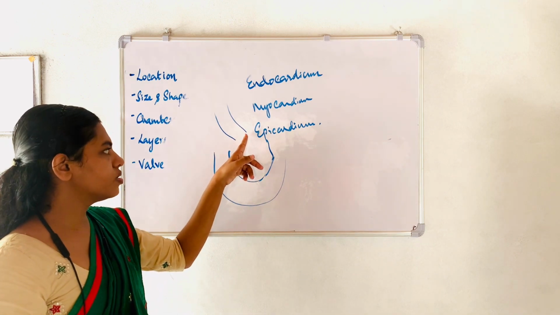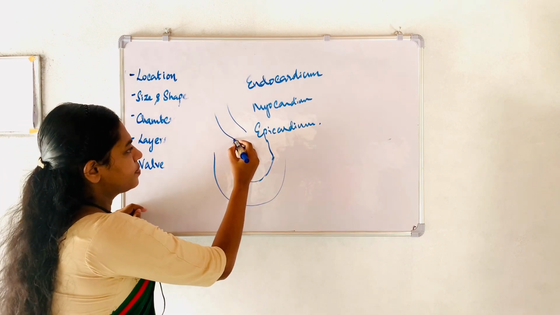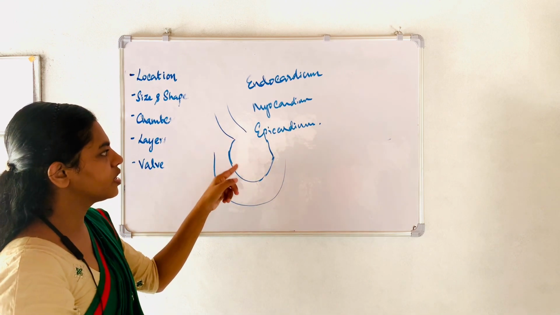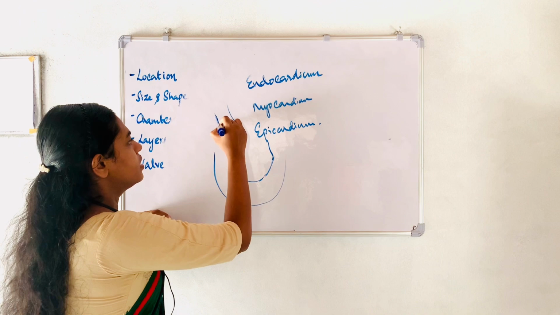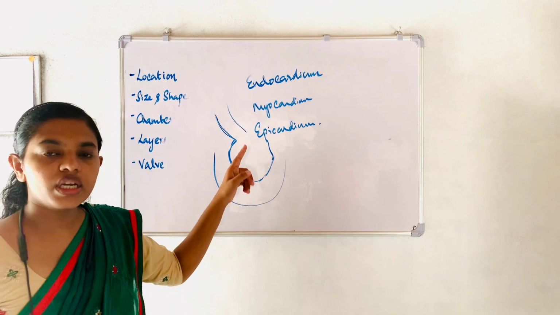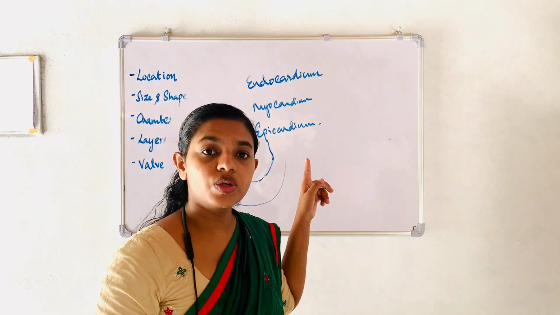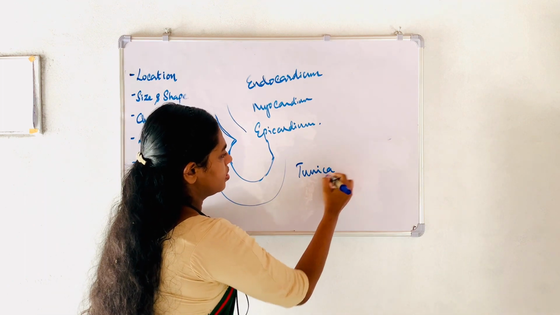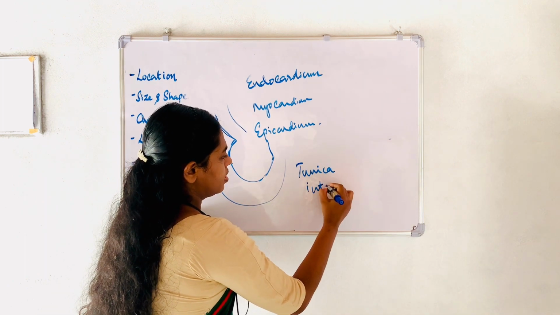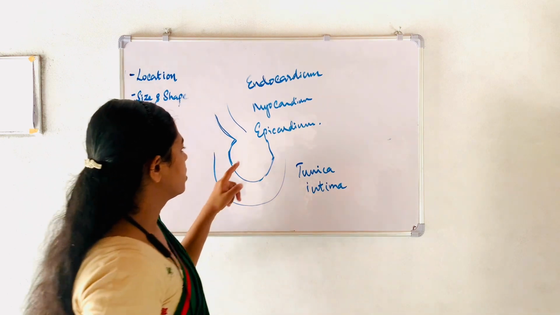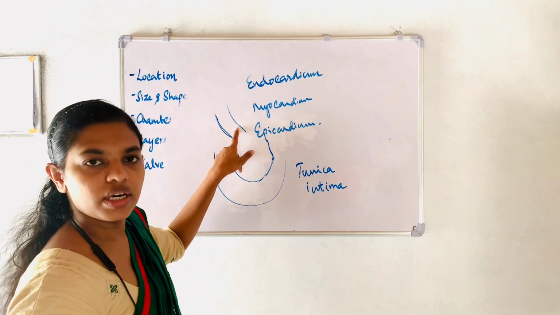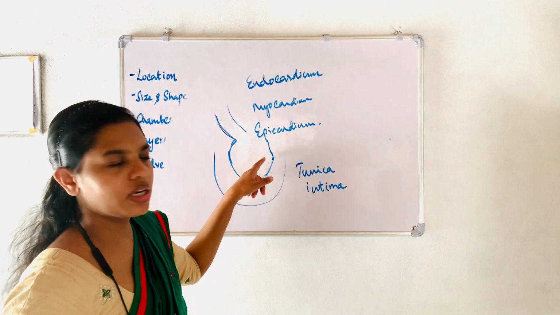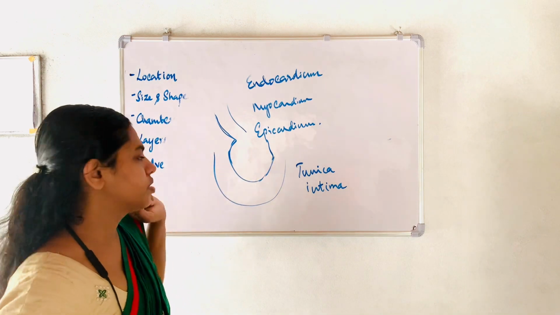So that is also continuous with the endocardium. Okay, so it is continuous with the tunica intima of the arteries. So the inner layer of the arteries is known as tunica intima.